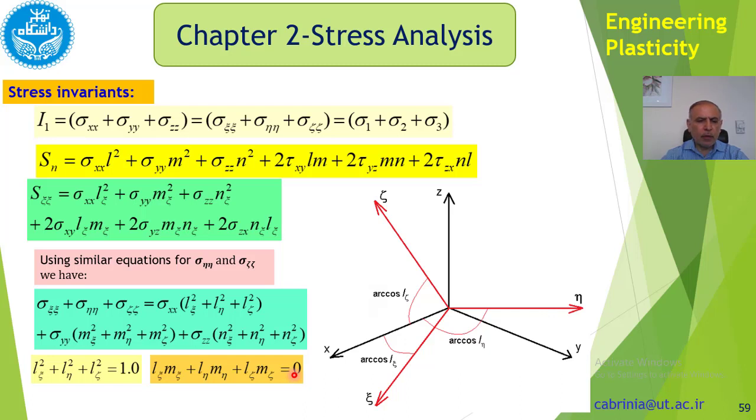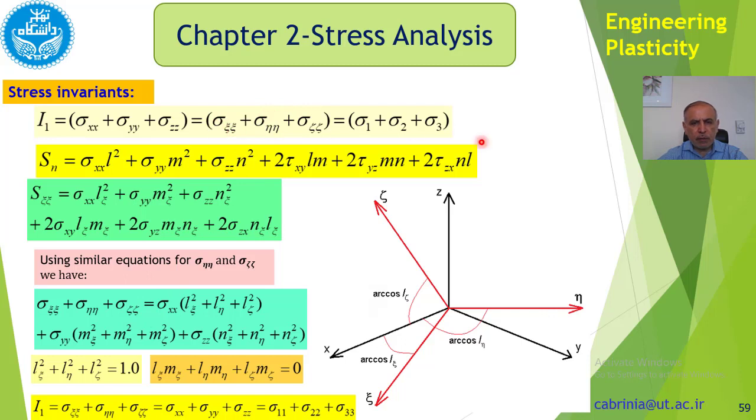So using these equations, we can show that I1 is equal to that. How could we do that? Put this expression instead of S for xi xi, and then for zeta zeta, put it there. Also for eta eta, put it there.